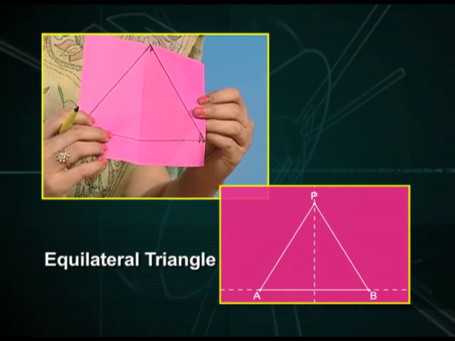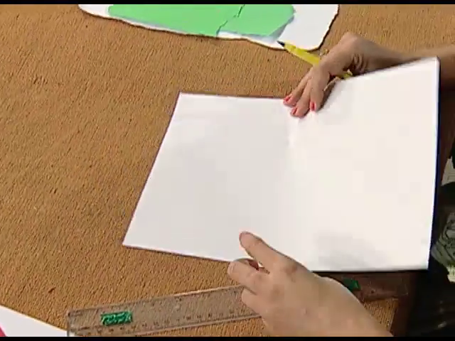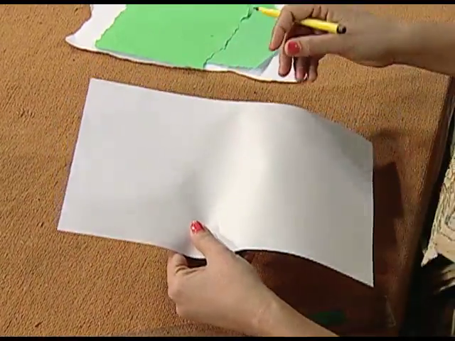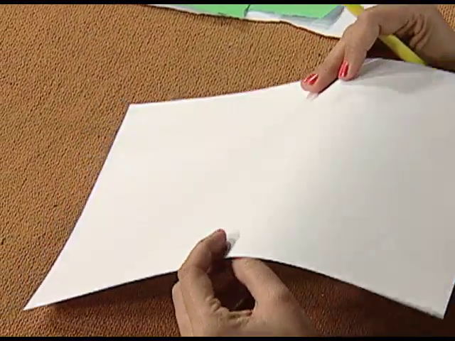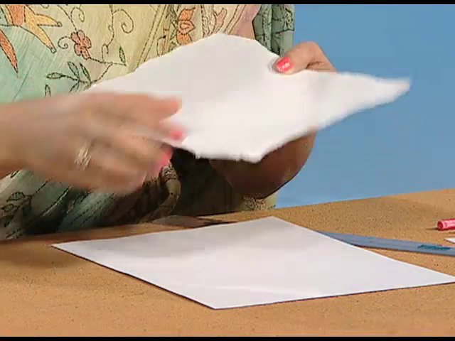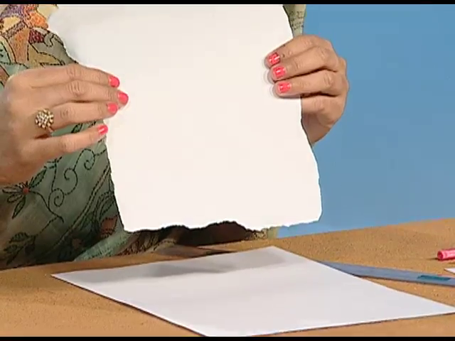Now, let us see how to make a parallelogram using paper folding. You can take any sheet of paper. Earlier we were taking origami sheets. If you have an A4 size sheet, you can use that also. And if you have any sheet like this, you can use this also.